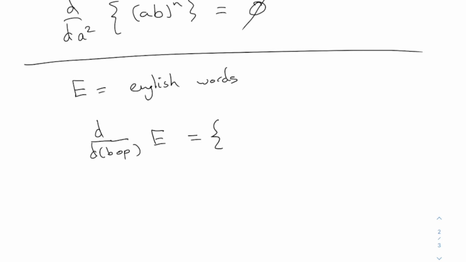Can anyone give me anything that would be in this language? It means you take a word that starts with bop and you remove bop from it. And then you tell me what's left over.